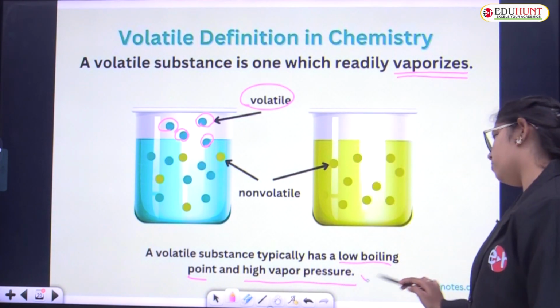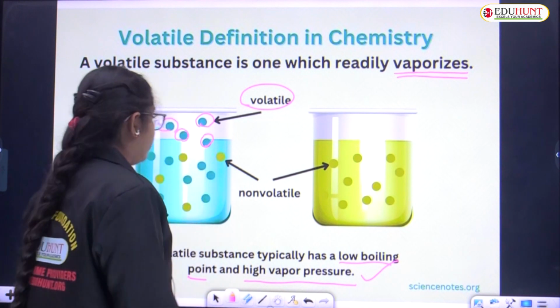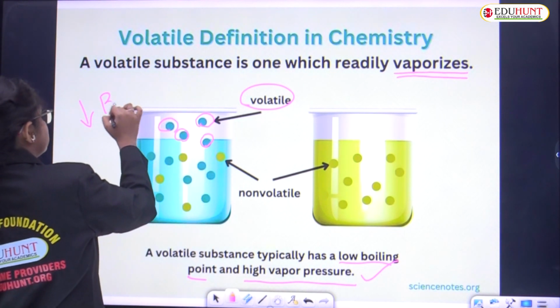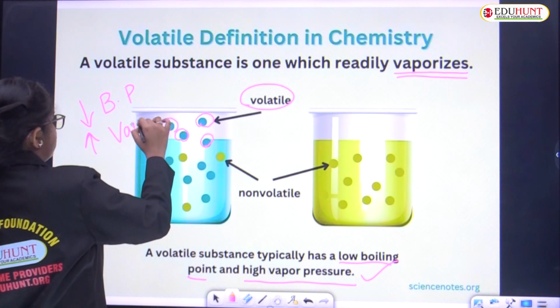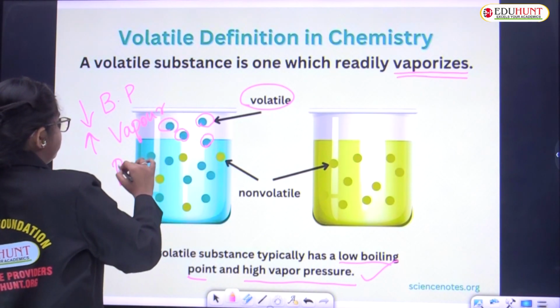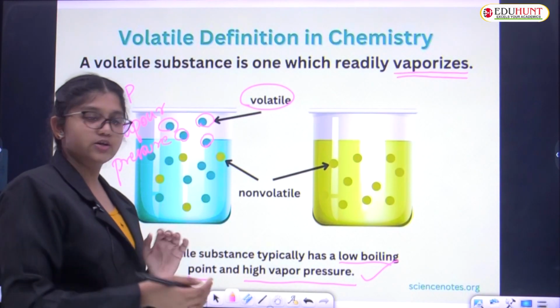Hence the reason they evaporate easily. Because of that, they have the volatility nature, which means they evaporate easily at room temperature.